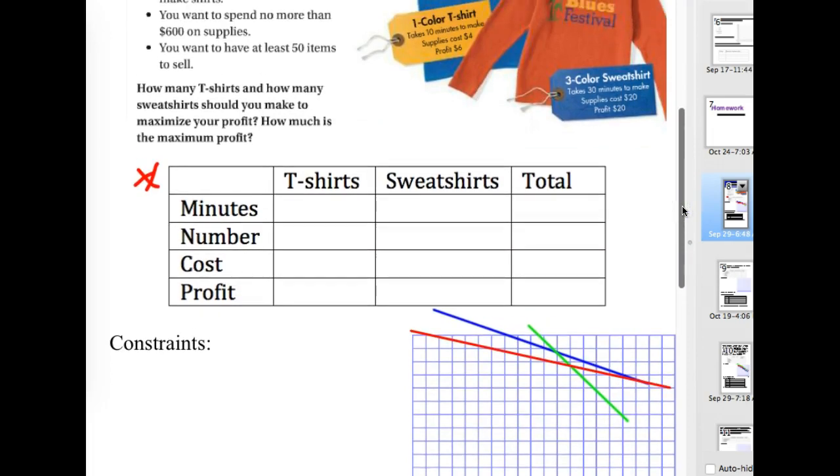So what do we know about the t-shirts in terms of how many minutes does it take to make one? What did it say? 10 minutes. Okay. How about sweatshirts? How many minutes does it take to make those? 30. Okay, now, what is the total number of minutes that we have available? So be careful, because it gave us what?